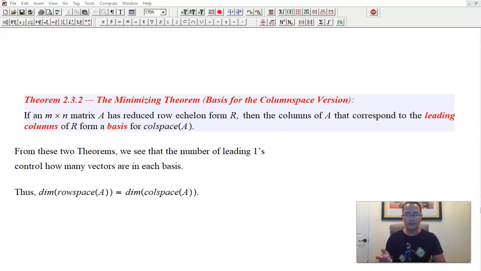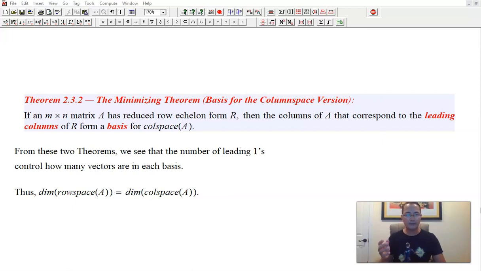So I hope you noticed that these two spaces had something in common. For the row spaces, it's the number of non-zero rows, but each non-zero row contains a leading one. And similarly, for the column space, you look for the leading ones.